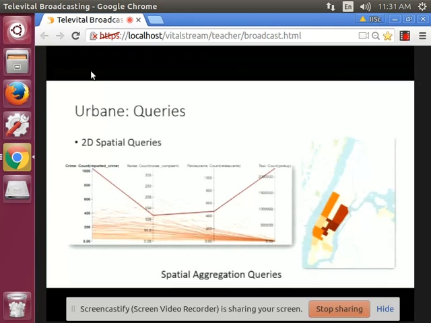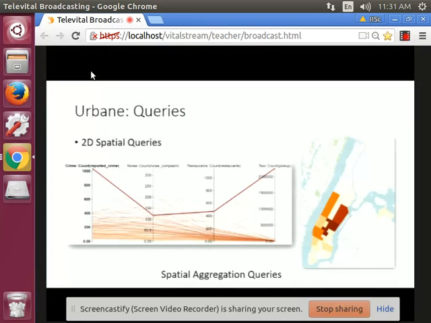For example, this is the query I'm going to be focusing on, a spatial aggregation query. The visualization I already showed in the demo is essentially the count of taxi trips in New York City for a given time period. What is this query in database parlance? You do a spatial join.